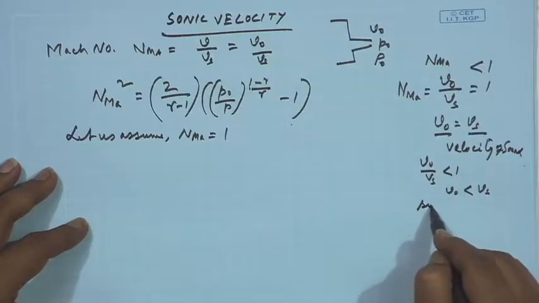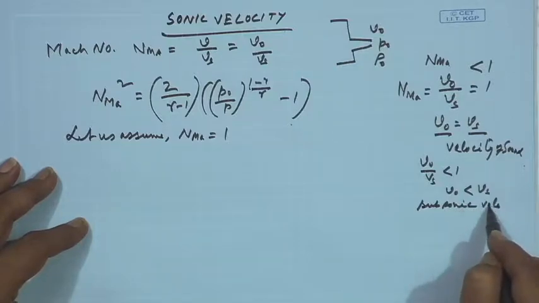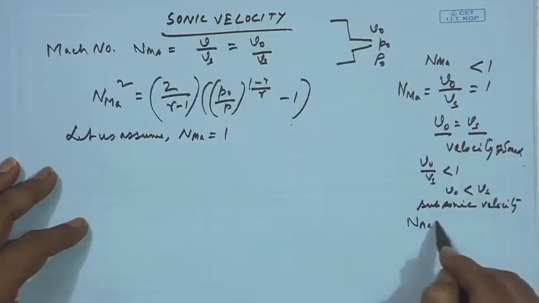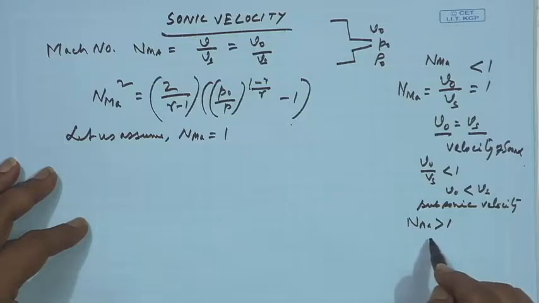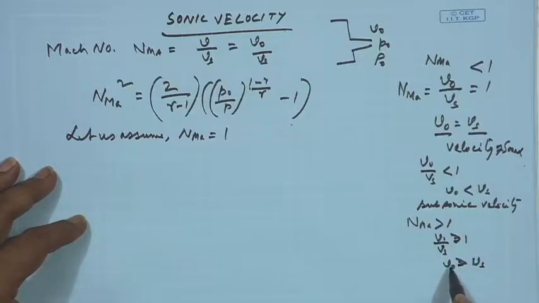It is called subsonic velocity. And if NMA is greater than 1, then V0 by Vs is greater than 1, that means V0 is greater than Vs, that is, the velocity at the tip is greater than the velocity of sound, and this situation is called supersonic velocity.